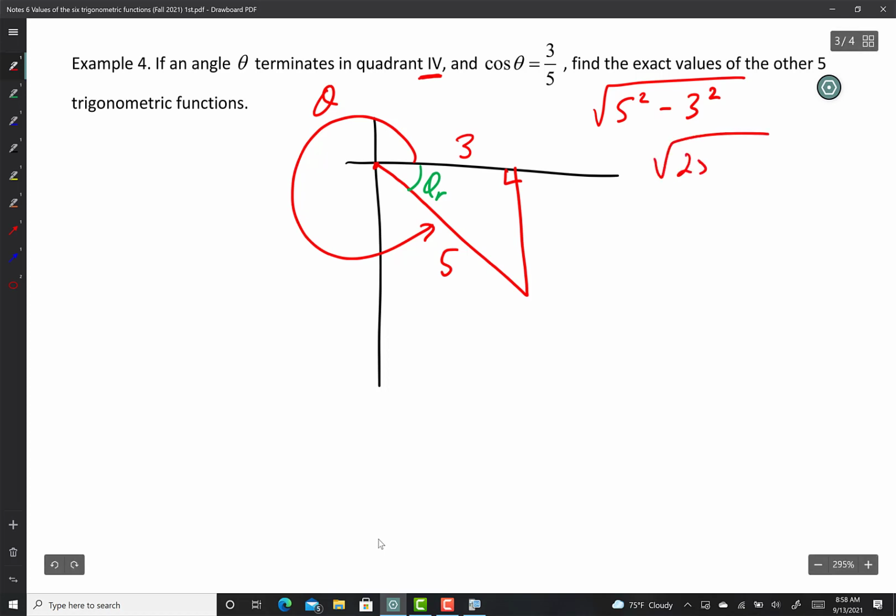Square root of 25 minus 9 equals square root of 16, so I get 4. Now I'm going to put the number 4 in there, but I'm going to put a negative in the front. Why did I put a negative in the front? Perfect. Put that in your notes. We put a negative there because the y values are negative in quadrant 4.